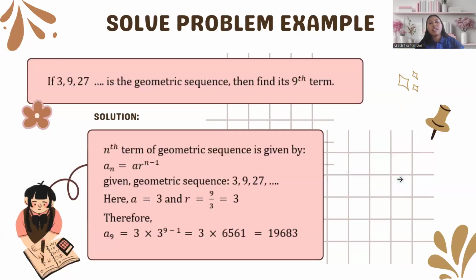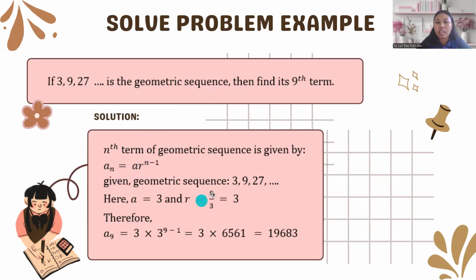For the geometric sequence, I also have a solved problem example. If 3, 9, 27, and so on is a geometric sequence, then find its ninth term. The nth term of a geometric sequence is given by a sub n equals a times r to the power n minus 1.